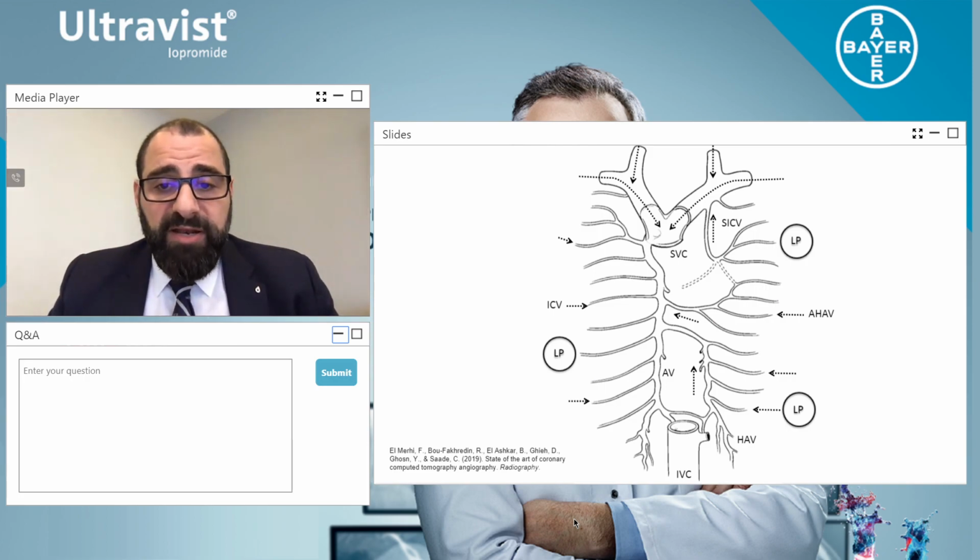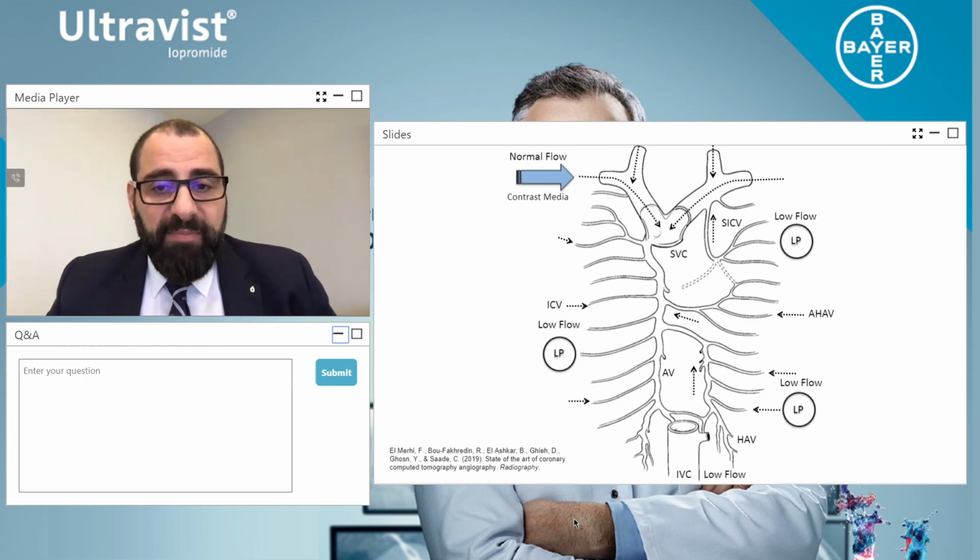But when you breathe in and hold your breath with your mouth closed, what happens then is, as the contrast is coming through, you start to increase the pressure of the intrathoracic veins. And what happens then is the azygos vein will dilate, as we go on now to the third image, and then we go into high pressure.